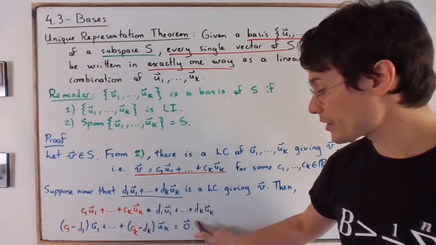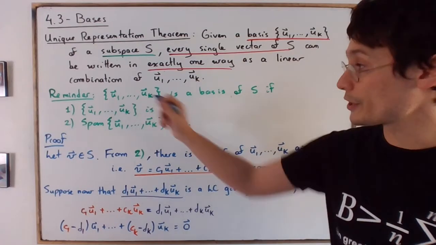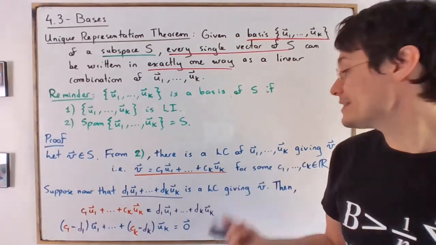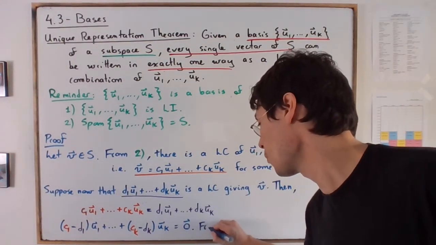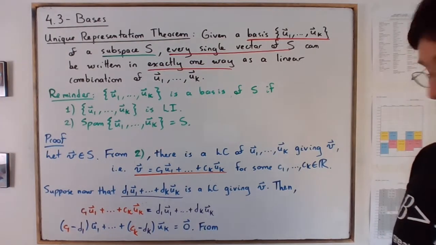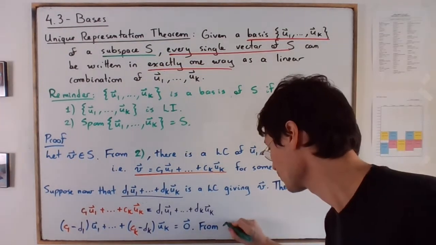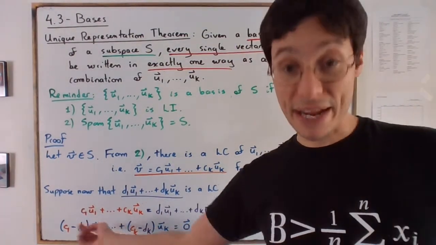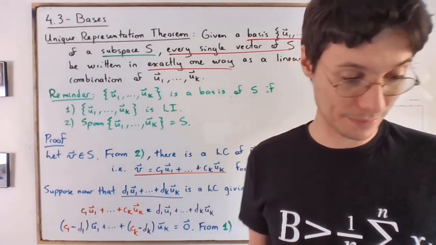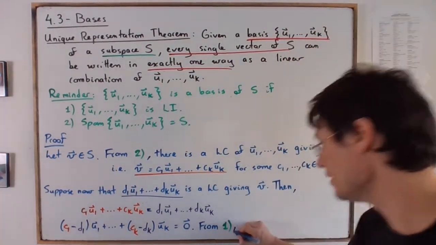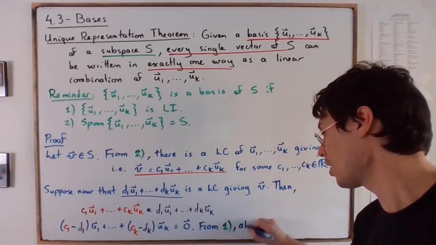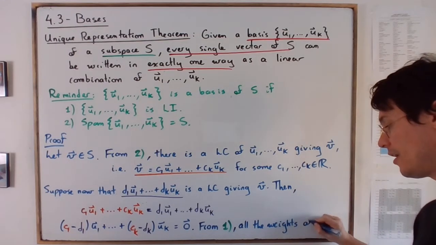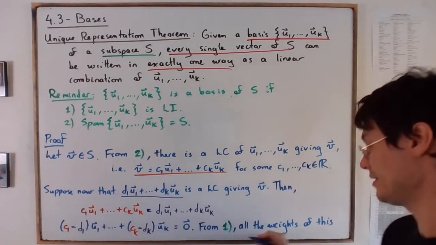Now, from there, we're going to use number one, the fact that the vectors U1, U2, UK are linearly independent. So from 1, we get that all the weights of this linear combination giving 0 must be 0.